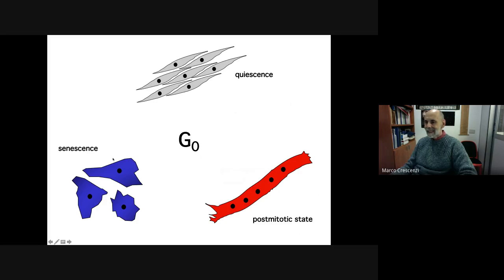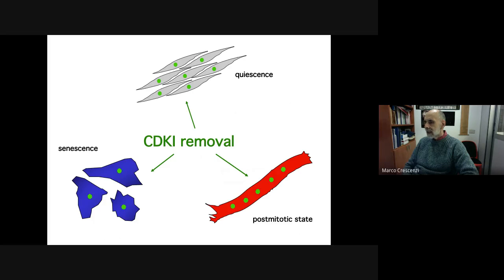Senescent cells are also arrested in G0, again, classically irreversibly arrested in G0. But we showed that by removing CDKI, cyclin-dependent kinase inhibitors, from these cells, we could reactivate all of them. And that was a major finding in itself.